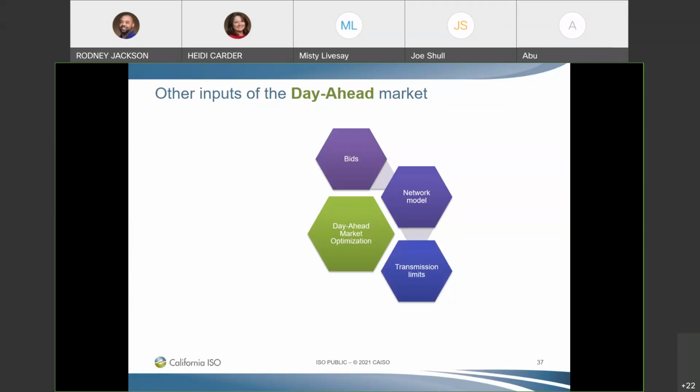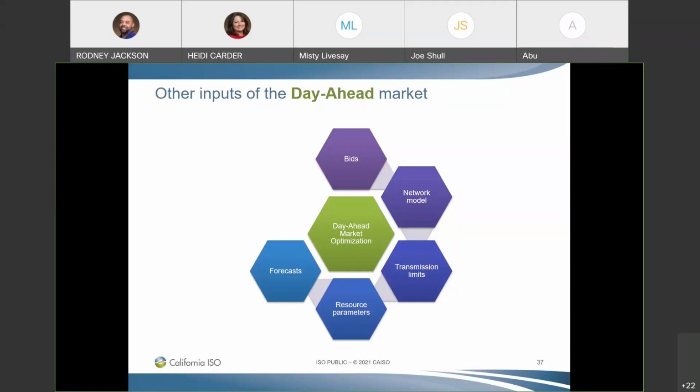So what is this information? It's going to give us the startup time, the ramp rates, how many times per day a unit can be started up, how long you have to wait in between startups, and the maximum number of megawatts you can produce, the PMAX. This information informs the market of how the resource can be used.